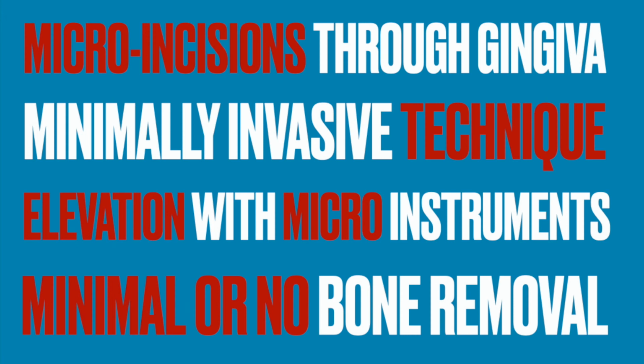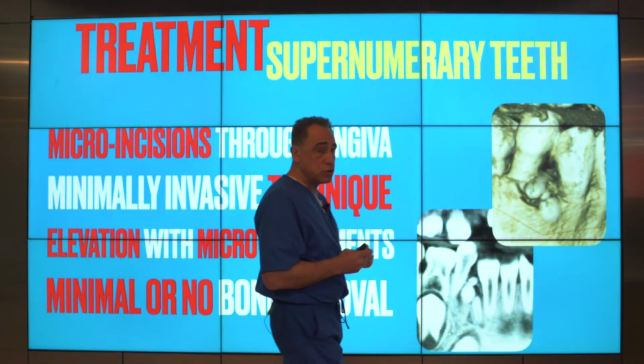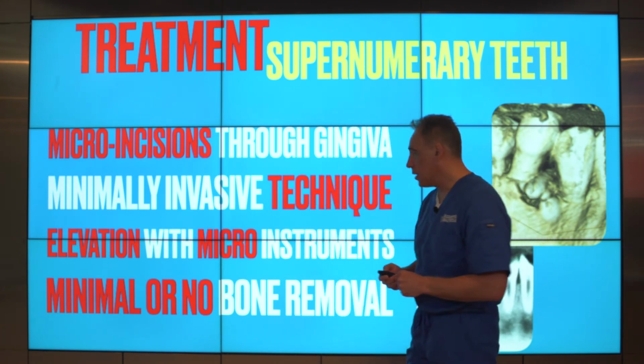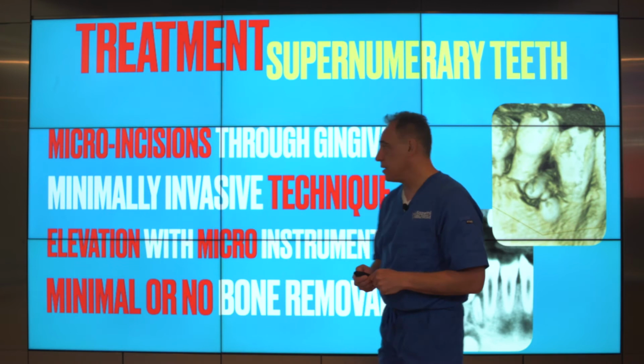So a micro incision for access, using minimally invasive techniques to expose the supernumerary teeth, using micro elevators to displace and remove the extra teeth, and in most situations either minimal or no bone removal is required, unless the supernumerary tooth is deeply impacted in bone, and those can be addressed as necessary.